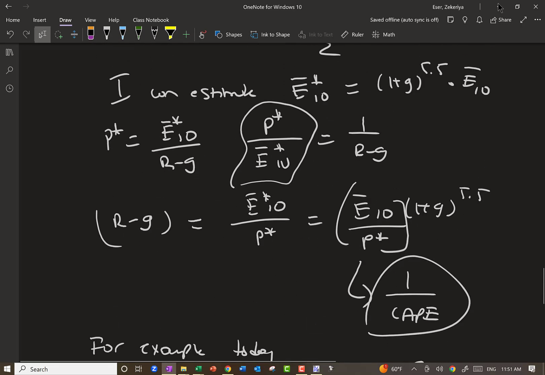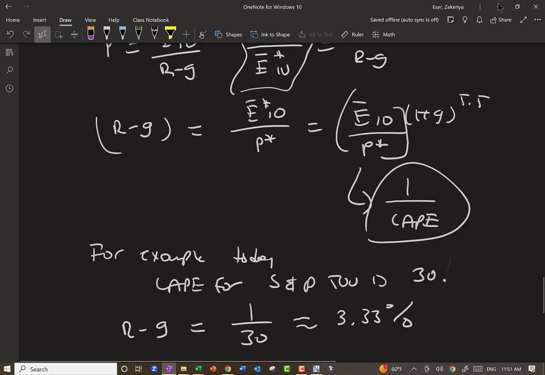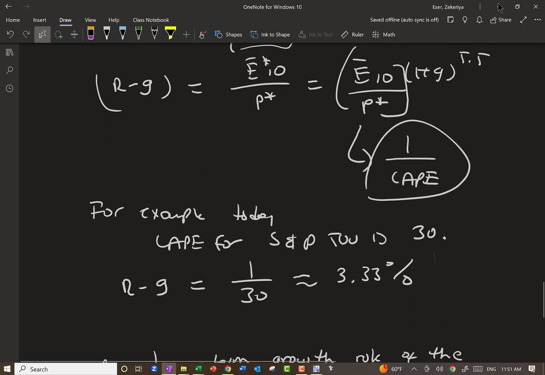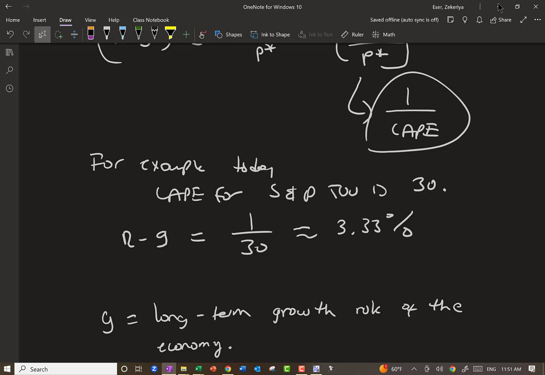So I need to have one plus G raised to the power 5.5.